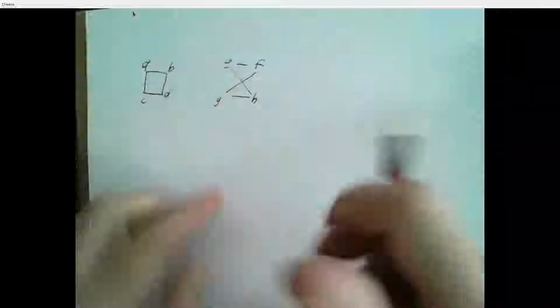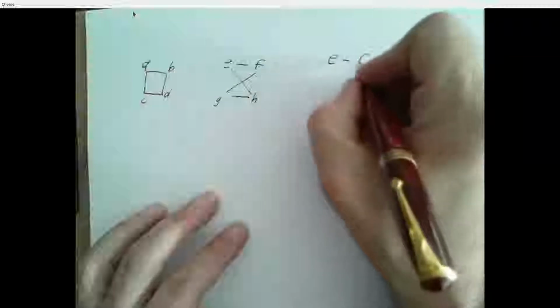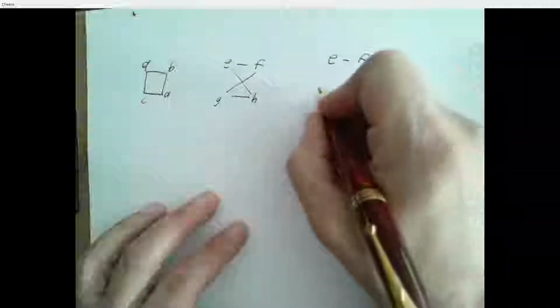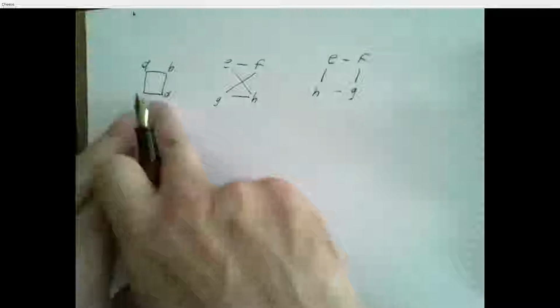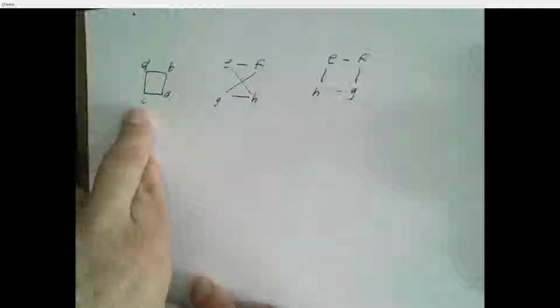And if we were to flip this thing around, we could redraw it like this. And then it looks like this original graph, right?